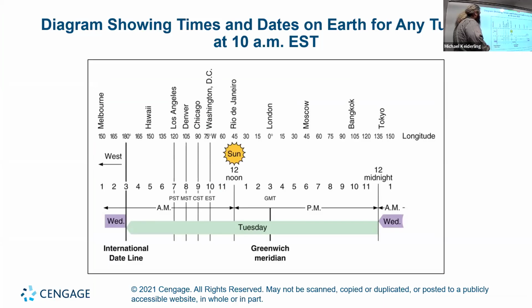As you head west, you'll eventually hit the international date line. When you cross the international date line going west, the date jumps 1 day forward. Going east, the date jumps 1 day backwards.